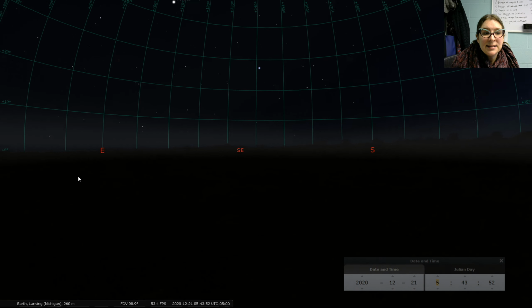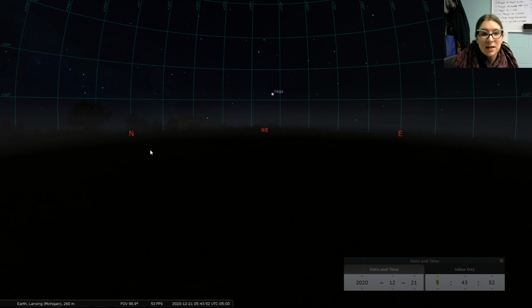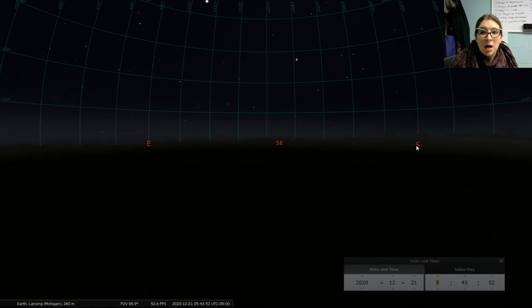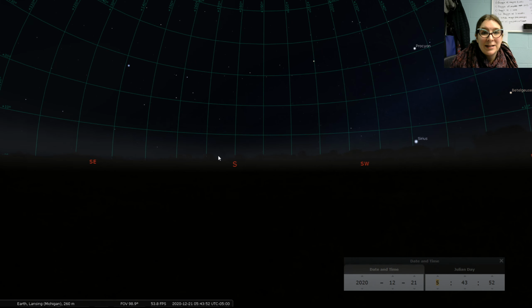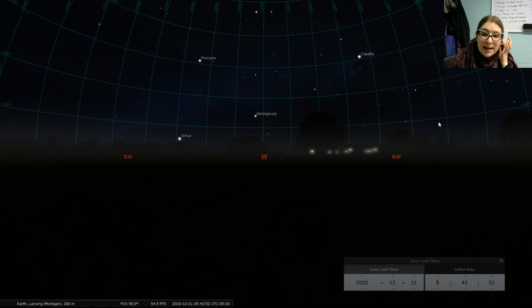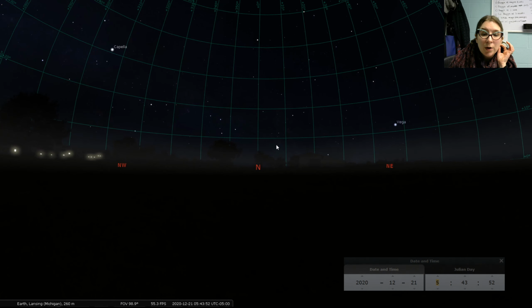The azimuth is the directions basically, but we're using degrees. So we have 0 degrees at north, 90 degrees to east, 180 degrees to south, and 270 degrees to west, and a full 360 back to north. This is just a more precise way of talking about which direction something is in.